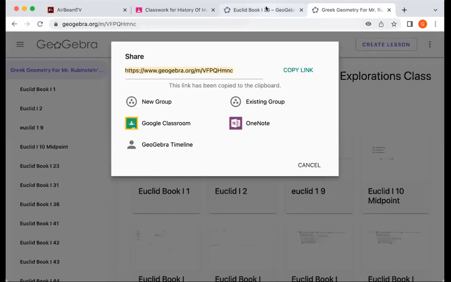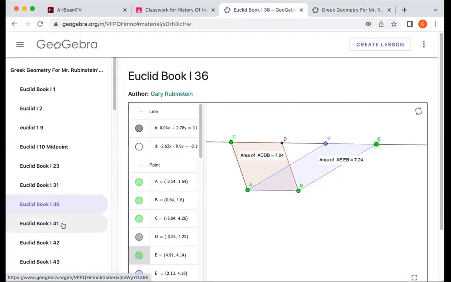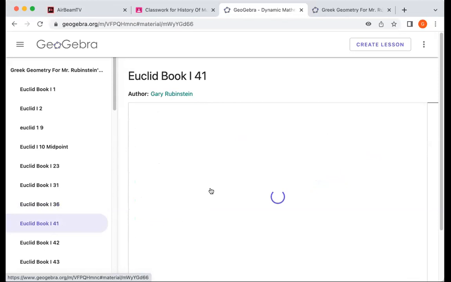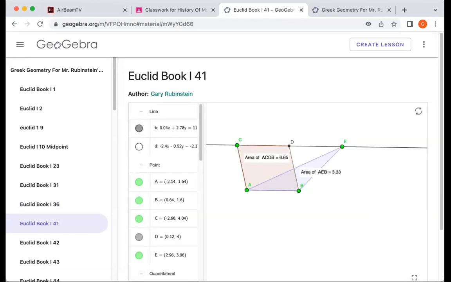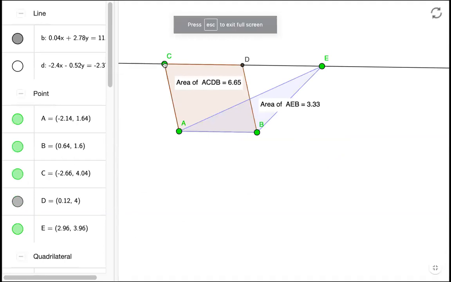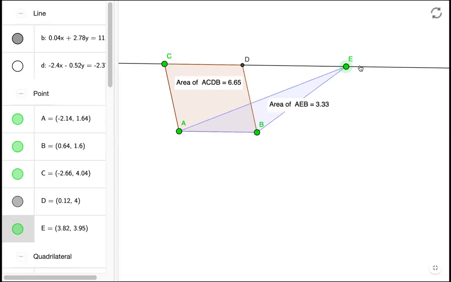Now, proposition 41 is very similar. But in this one, I have a parallelogram, and then I extend the top base, and I put a point randomly on that top base, and I create a triangle.